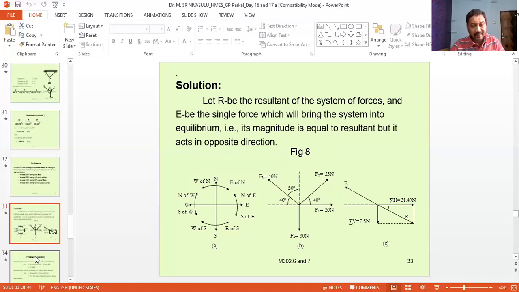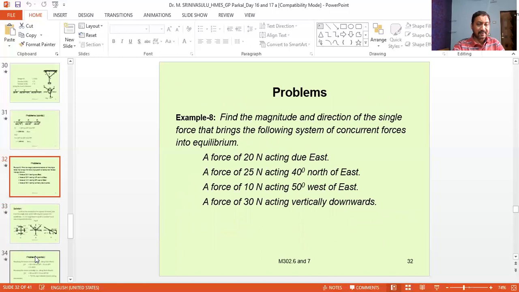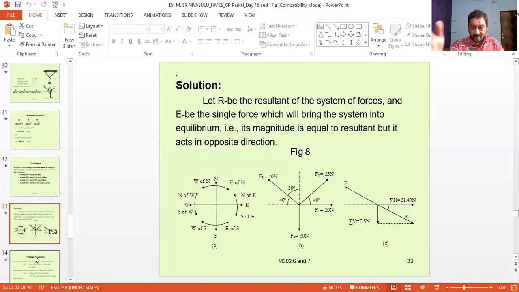Therefore, the same force is making an angle of 40 degrees with west, because the total angle is 90, and 90 minus 50 becomes 40 degrees. And the fourth force is already mentioned: a force of 30 newtons acting vertically downwards, or sometimes acting due south. So F4 is equal to 30 newtons.